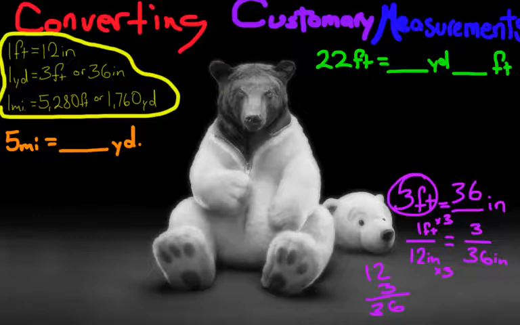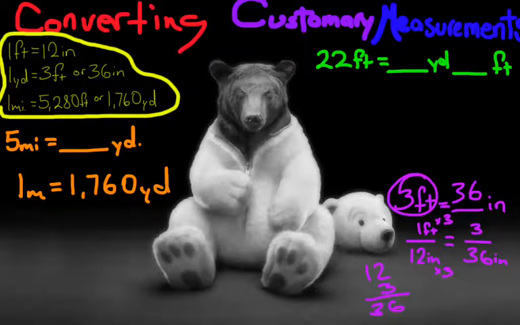Let's go ahead and check out our 5 miles. So we have 5 miles equals how many yards? We know that 1 mile equals 1,760 yards.